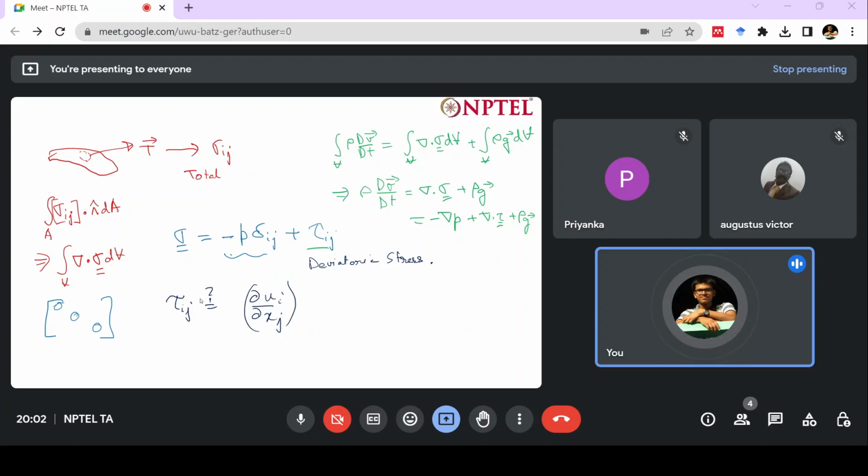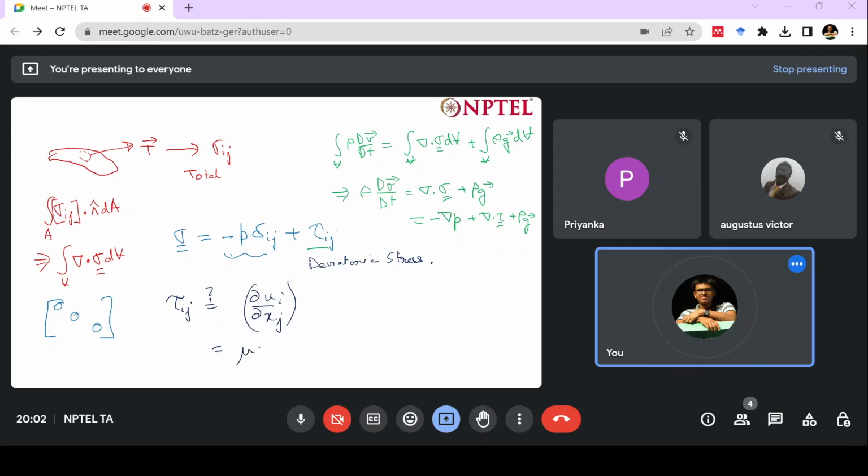What happens in case of a Newtonian fluid? This is a linear relation, but it's not very simple. Here a second order tensor is there, and here a second order tensor is there, so the relation cannot be simply a scalar quantity. We have a larger tensor quantity, and I'm not going into those details. But in case of a Newtonian fluid, what we have finally is two terms.